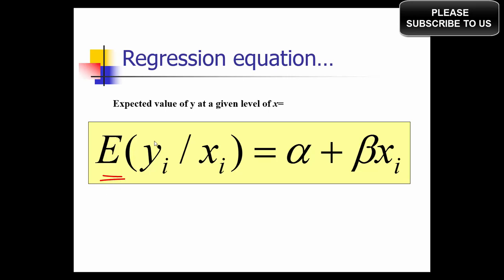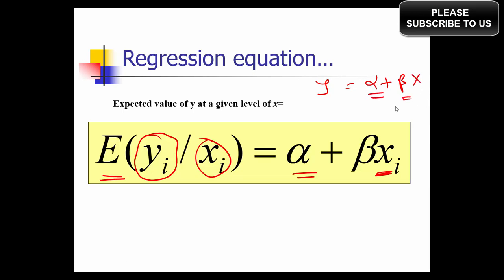So the expected value of yi, which are a bunch of y values, given xi is given by the parameter intercept plus the slope coefficient multiplied by the independent variable. Initially we said y equal to a plus bx, but it can be written in any way. We just change the notation to alpha plus beta x, so alpha is now the intercept and beta is the slope.